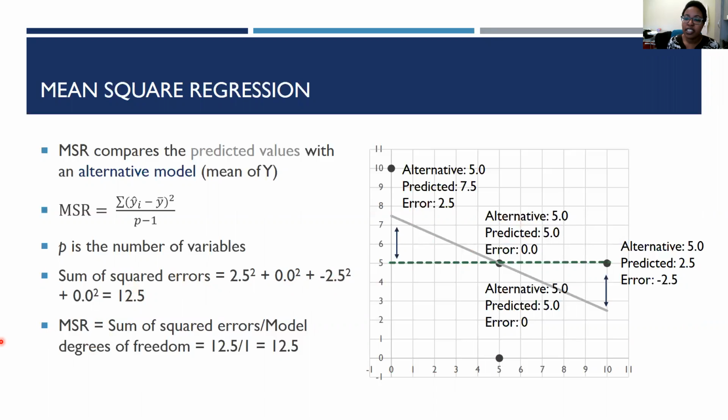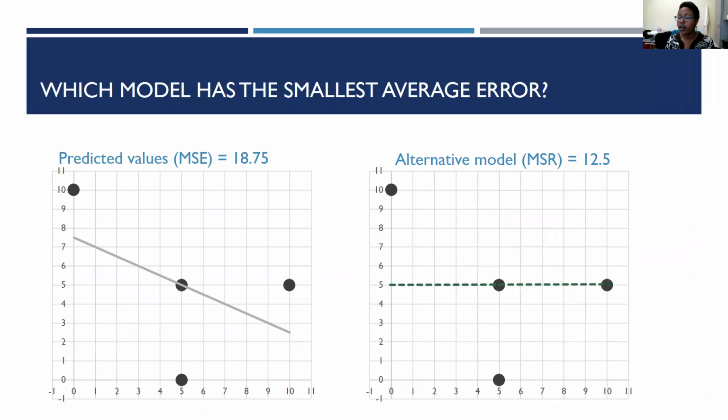Great, now we have something to compare to our mean square error. We're just looking for the smallest number. So which model has the smallest average error? Our predicted values right here, or a line that's just drawn at the mean of y?